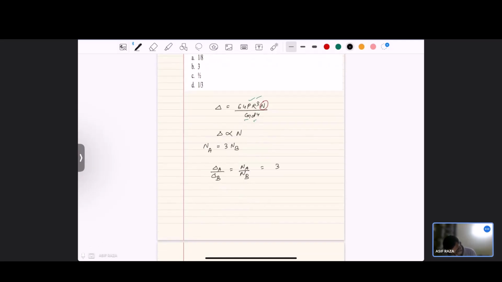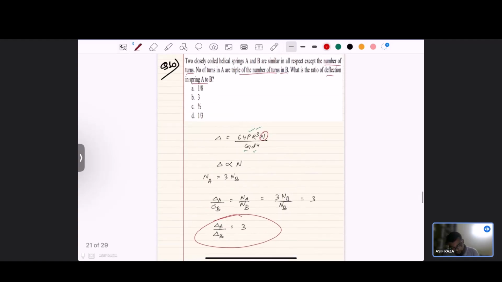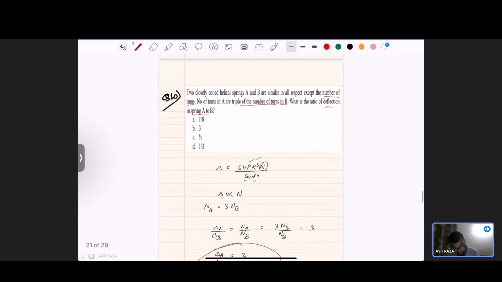So 3 NB upon NB, that is 3. So delta A upon delta B is equal to 3. The answer would be option B, 3.